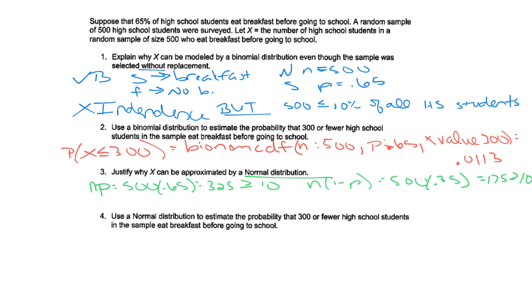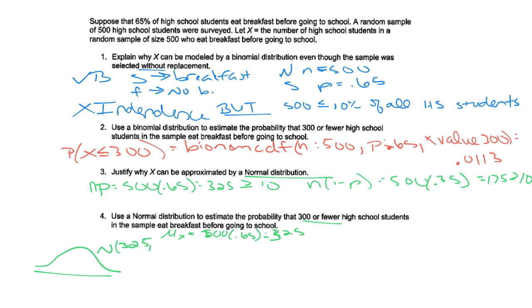So if I'm going to use the normal distribution to estimate the probability that 300 or fewer high schoolers eat breakfast, I'm going to draw my curve. I need to label my curve, which means I need a mean of 500 times 0.65. So I get a mean of 325. So I can use that to label part of my curve.